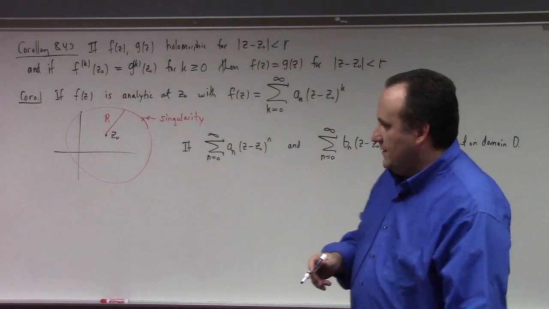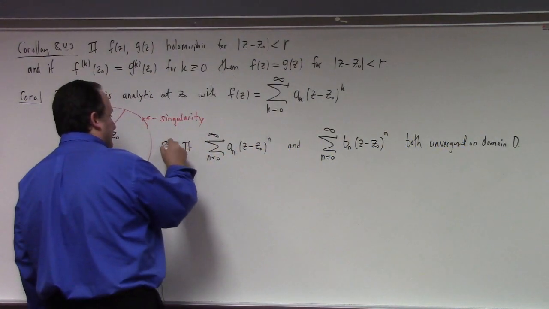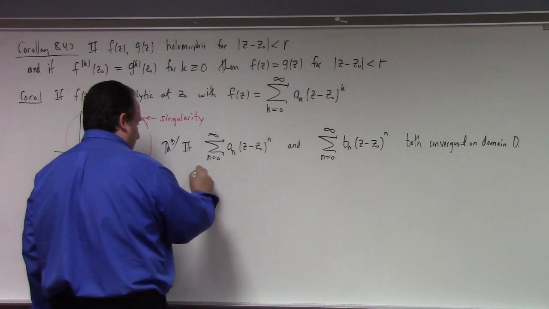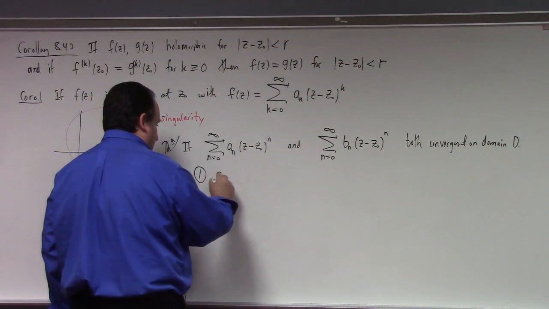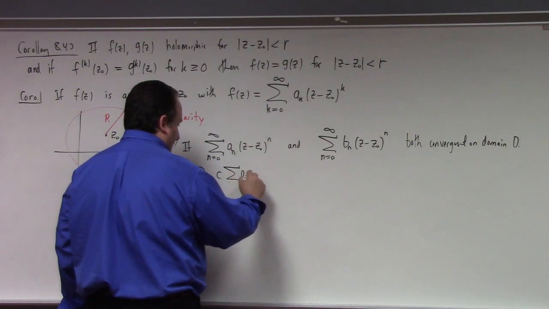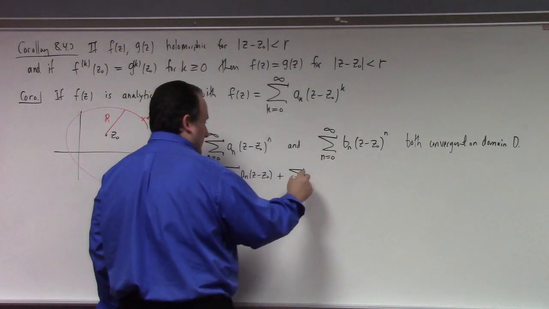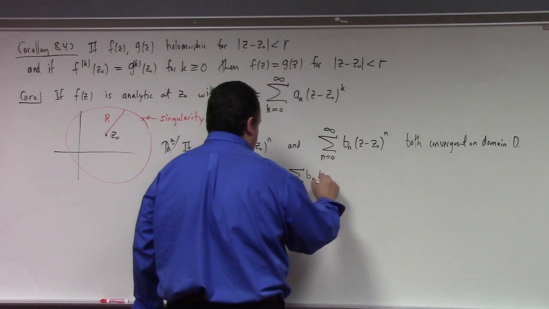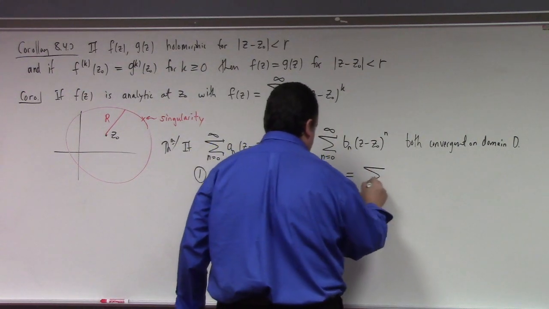I'm just going to go ahead and combine two theorems in the notes. Number one, you can say that a constant times the first series plus the second series, you can add them, right? And what do you get?